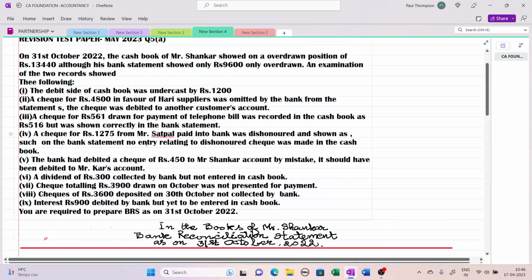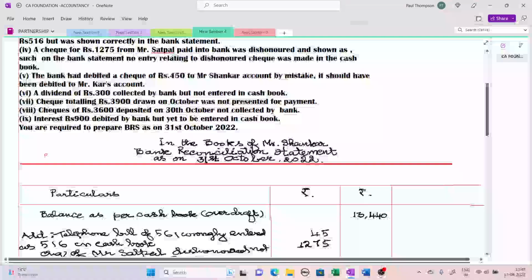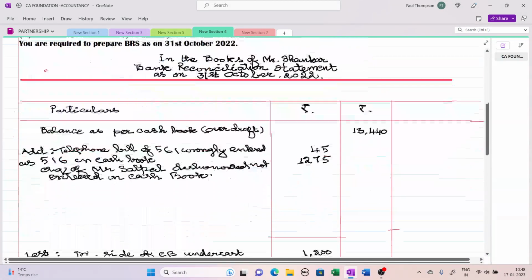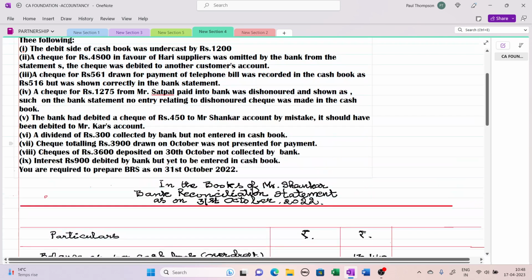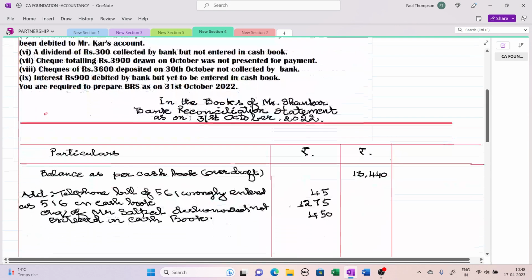Okay, the next one is the bank had debited a cheque of 450. டெபிட்டட்னா அவங்க நம்ம கடனை ஏற்றிட்டாங்கன்னு அர்த்தம். பேங்க்கு கடனை ஏற்றிட்டாங்க, ஆனால் நமக்கு தெரியல, by mistake. So நமக்கு ஸ்டேட்மெண்ட் வந்தால் தான் அதெல்லாமே தெரியும். So till the statement is received we are not knowing it. ஆக்சுவலாக அது கர்ஸ் அக்கௌண்ட்டை பண்ணணும், by mistake சங்கர் அக்கௌண்ட்டை டெபிட் பண்ணிட்டாங்க.